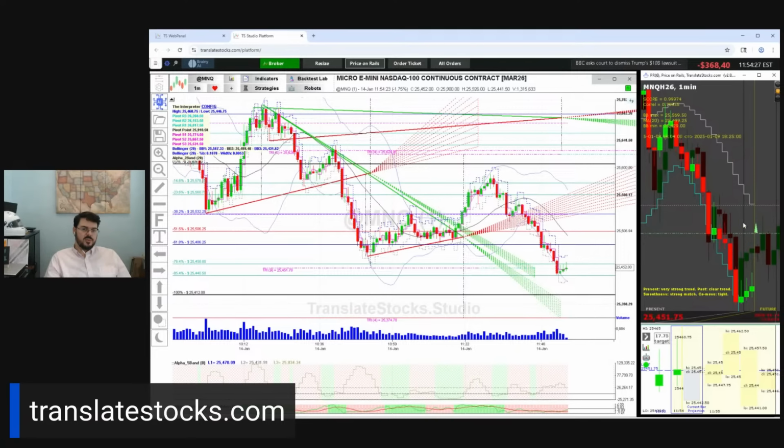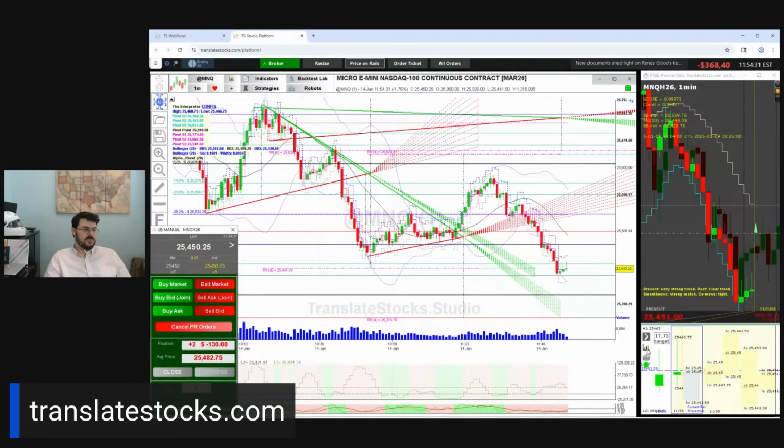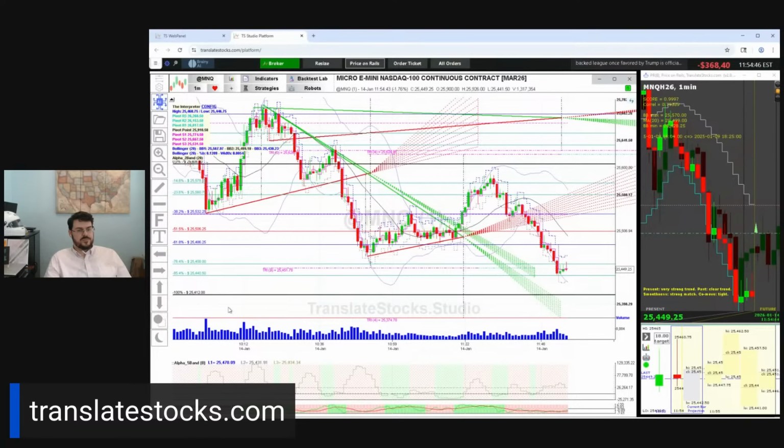So this is our trade. We have so far 2 contracts. The logic here is that we can go up to 5. So I'm saving contracts here.